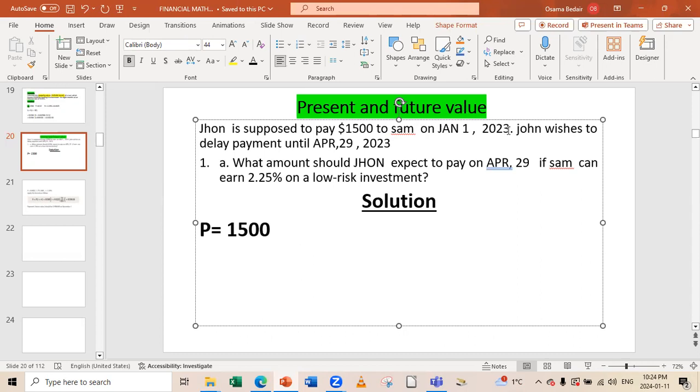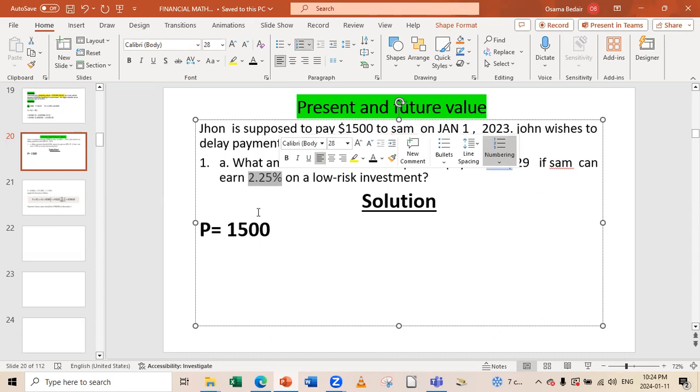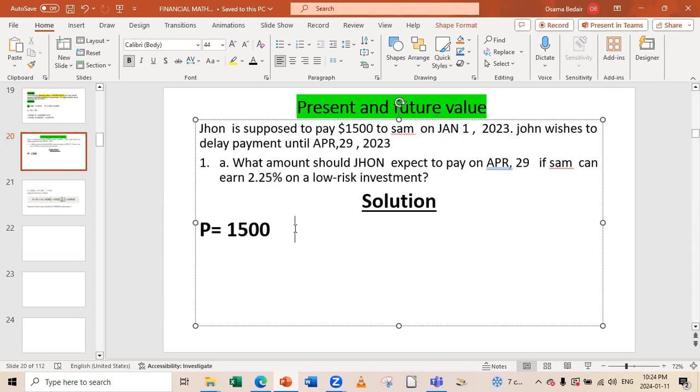Now for the interest. The interest is what? 2.25%. So we'll take this one as well, and we will say that the rate of interest will equal 2.25%. That is always equal to 0.0225.